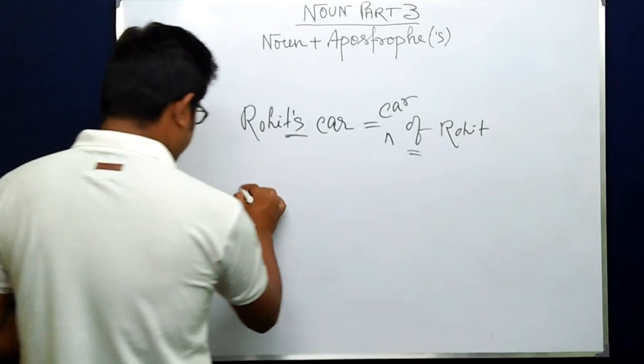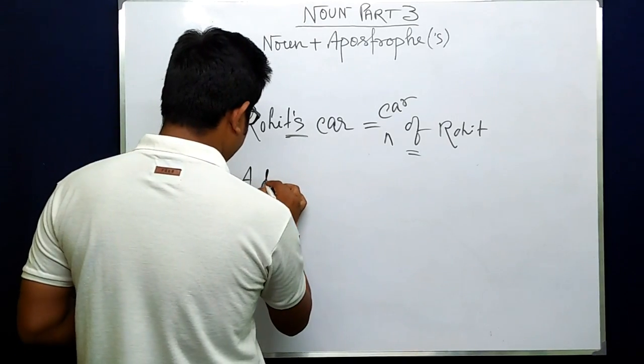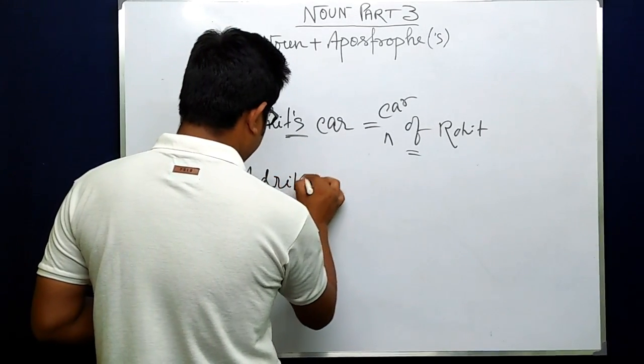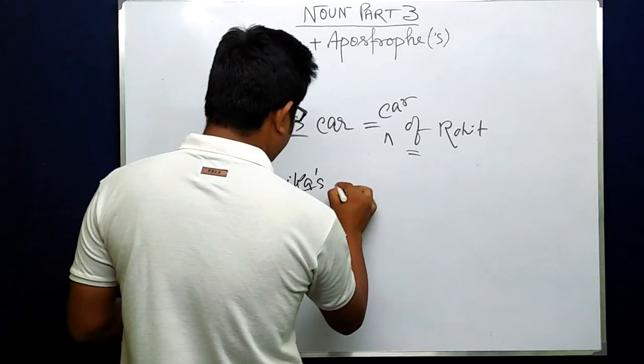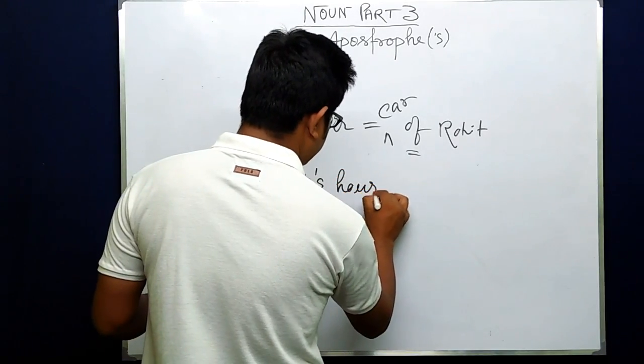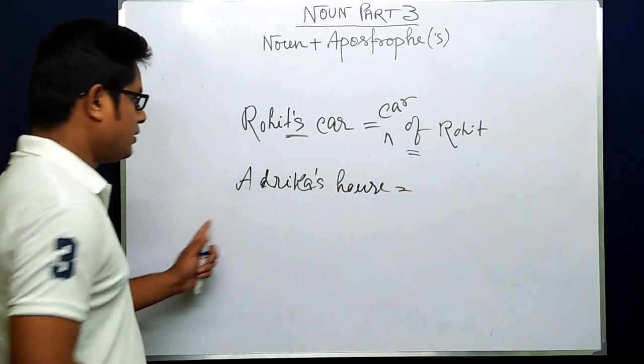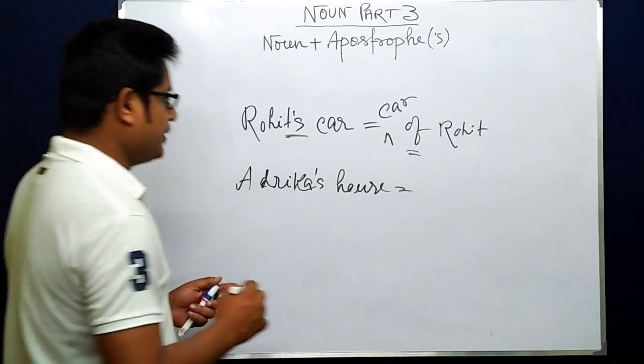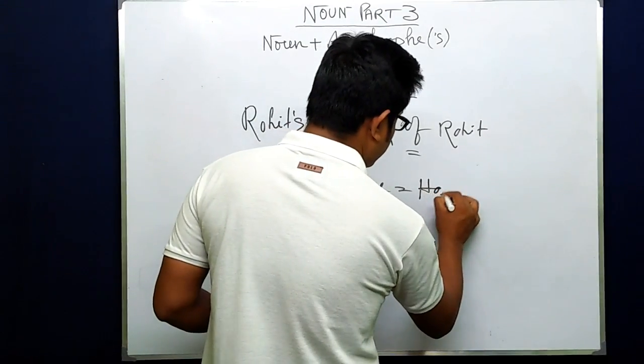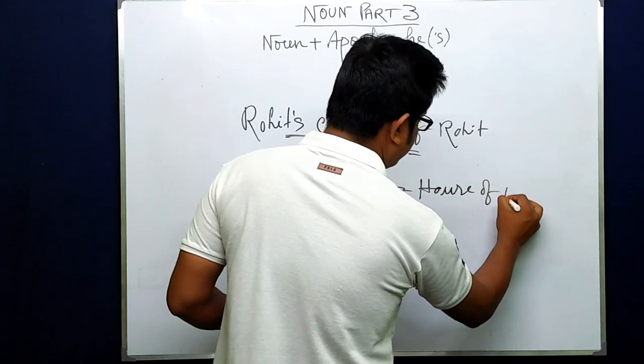Suppose I write Adrika's house. Adrika's house means house of Adrika.